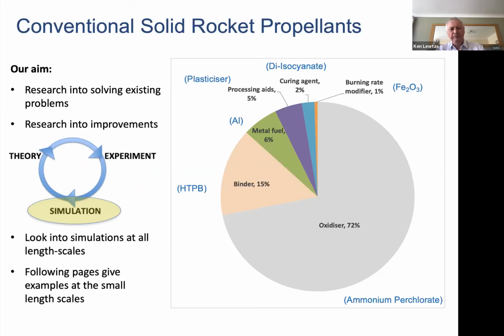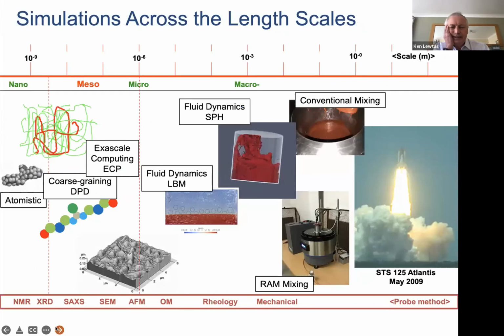Each time we get the results of the simulation, we justify that with experiment. You know, that's the way we've done this over the last few years. And the idea was to look into simulations at all length scales. And if we go on to the next slide, this gives you an idea of what we've been doing in terms of the length scales and the probe methods you can see.